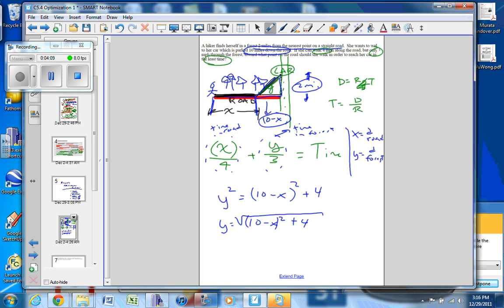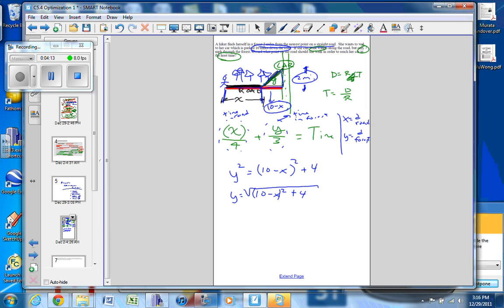Okay, so we now have an equation for time in terms of one variable. We know time equals X over 4 plus, just to write this a little bit differently, ((10 minus X) squared plus 4) to the 1/2 all over 3. To do this simply by calculator, we could enter this time in and see when it's a minimum.